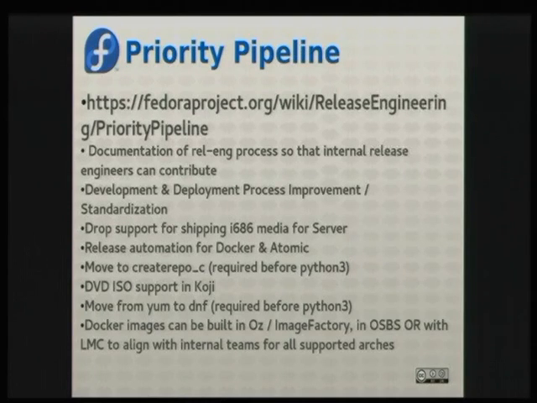So we have a priority pipeline, and this is stuff that we're looking at working on in Fedora release engineering. We're trying to document all of the releng processes internally, so that internal release engineers can come and help us as need be, and two, anyone in the community who wants to help can do stuff.